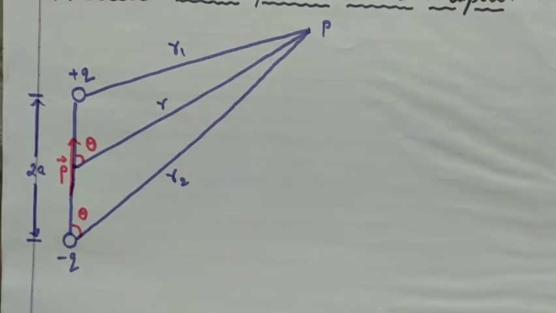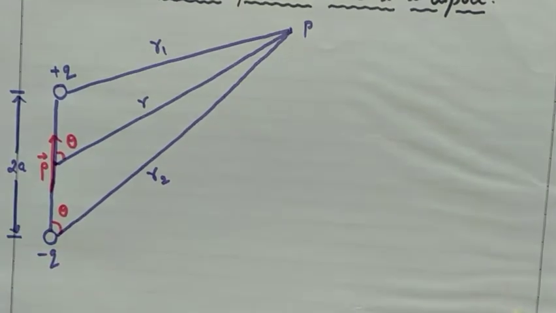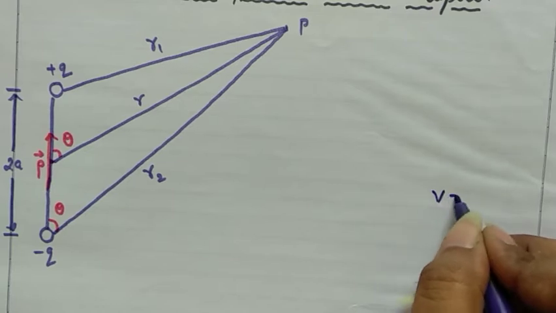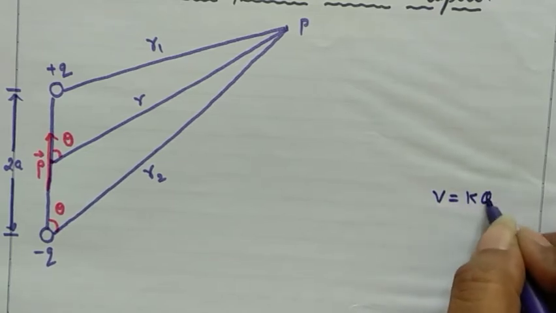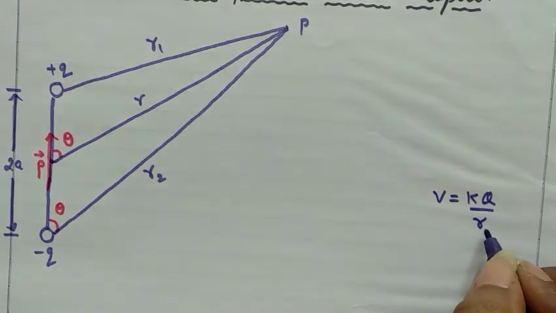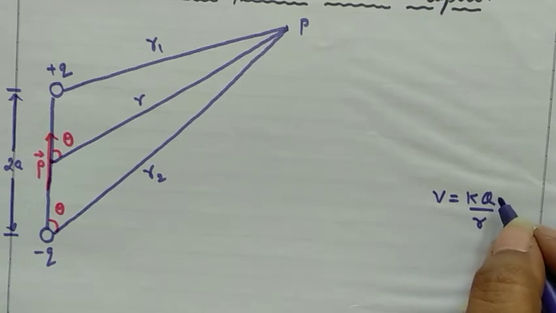We know the formula of electric potential at a given point due to a single charge. That formula is V equals KQ upon R, where Q is the source charge and R is the distance of the point where we need to calculate electric potential from the source charge.